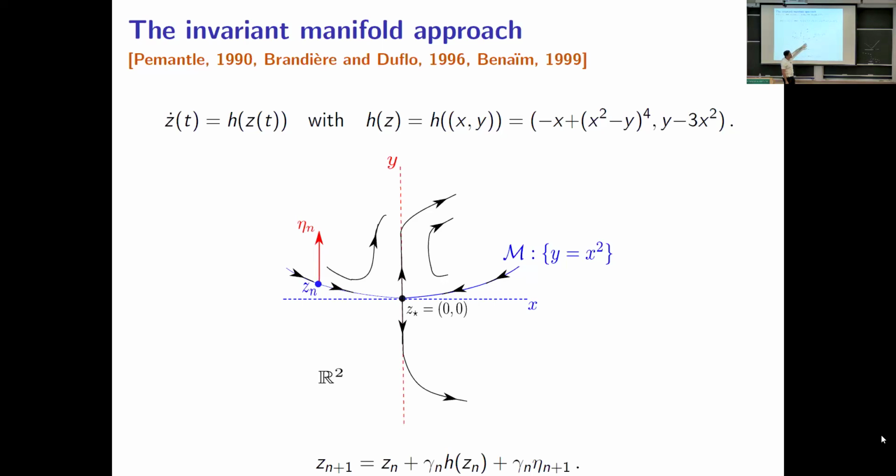What we can show is that there is an invariant manifold here. The invariant manifold is in blue here, this M, Y equals X squared. And this invariant manifold is actually the maximal set where the only way to go to Z star equals (0, 0) is to initialize in this manifold. Then the flow would lead you to (0, 0). Otherwise, as you can see in the picture with the flow, you cannot end up here.